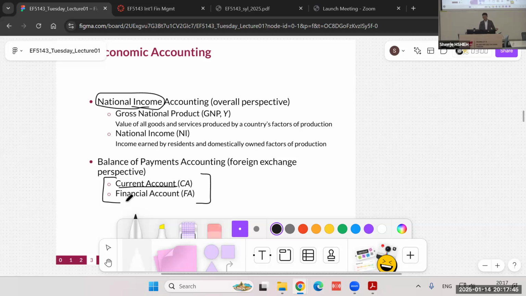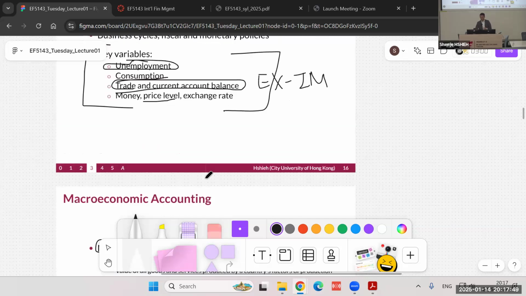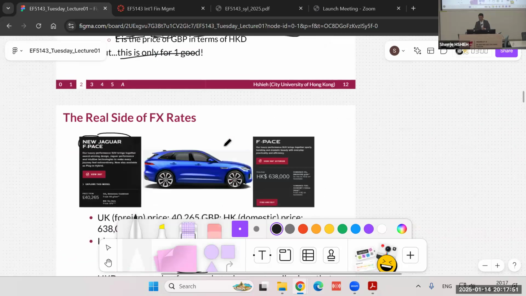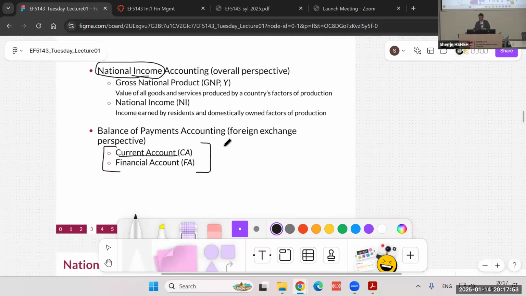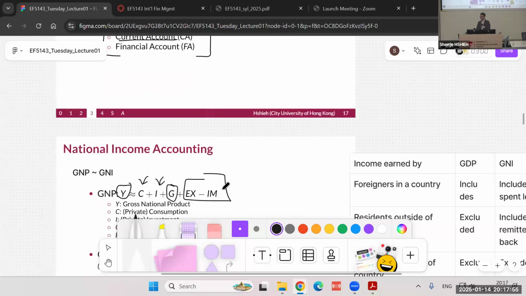But in reality, the current account is actually defined as more than just exports and imports. It should also include returns on investments, which I didn't show in this formula here. There's a reason I don't do this. The reason is that I don't want to make the math more complicated than necessary. The second reason is that I want to focus on commodity flows when I mention this formula, okay?